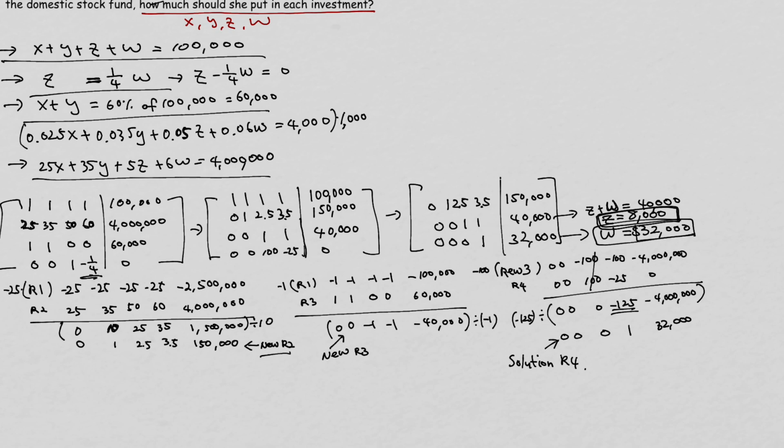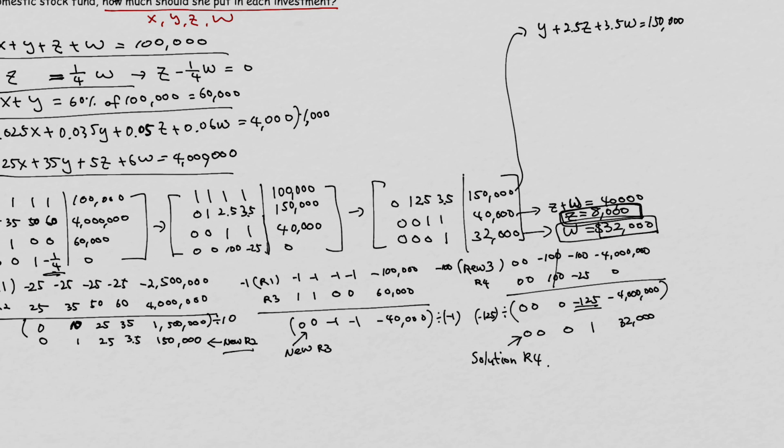I need a little more bigger space, so let's do it right here. This second row is saying there is 0x, 1y, plus 2.5z plus 3.5w equals 150,000.